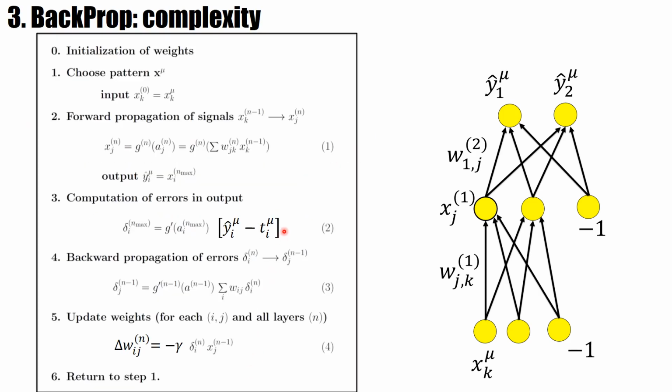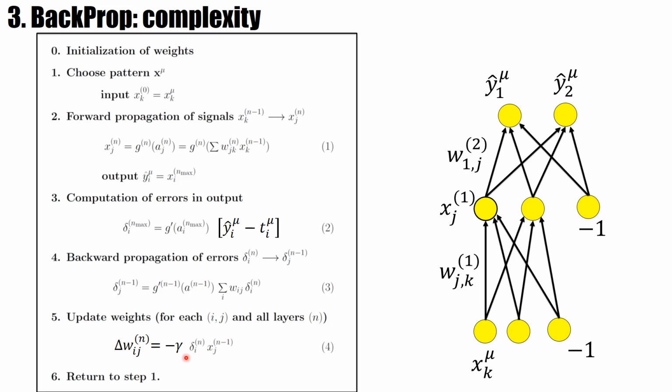Now let's compare this with the algorithmic complexity of the BackProp algorithm. I said we have a forward pass. In the forward pass, each weight is touched once, so it's order n. Then we have a backward pass. On the backward pass, each weight is touched once. Therefore, we have order n. And then in the final step, we can update all the weights at the same time.